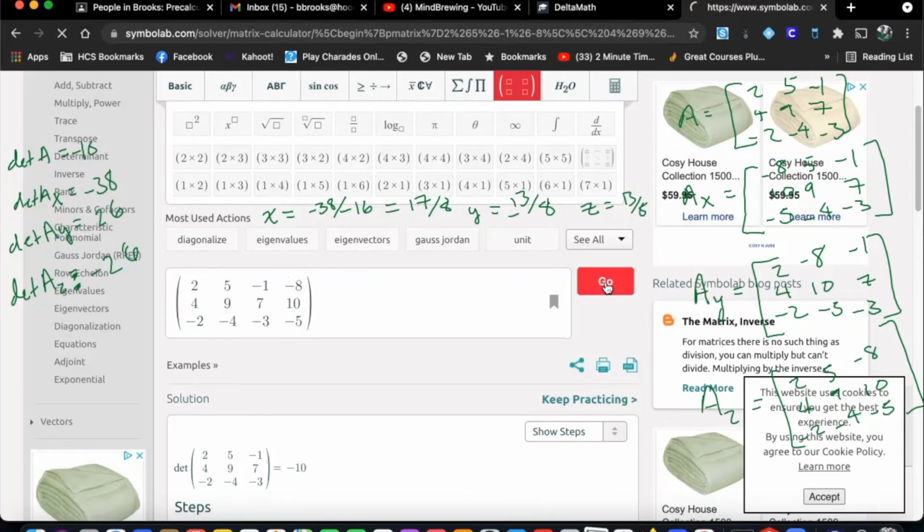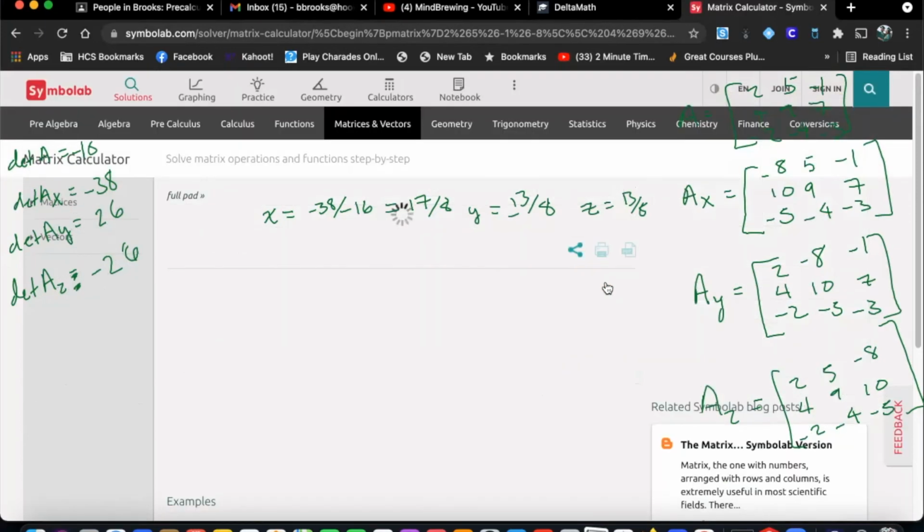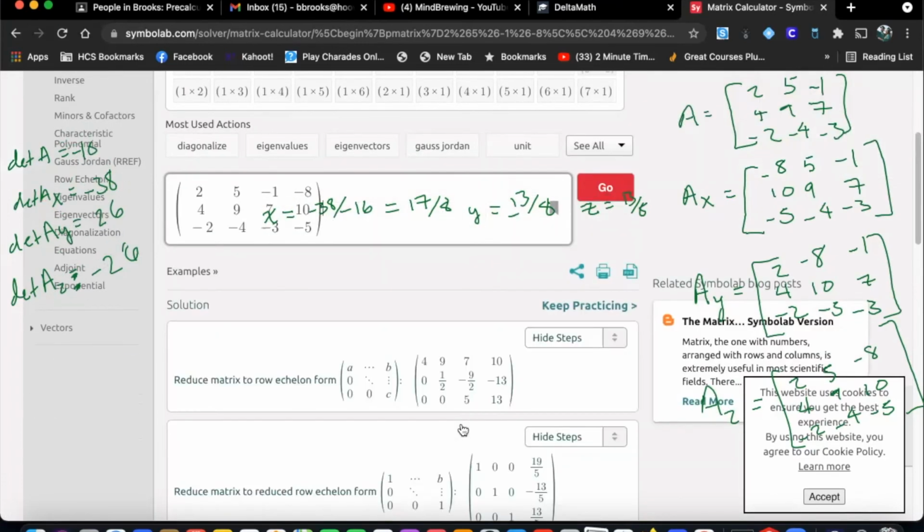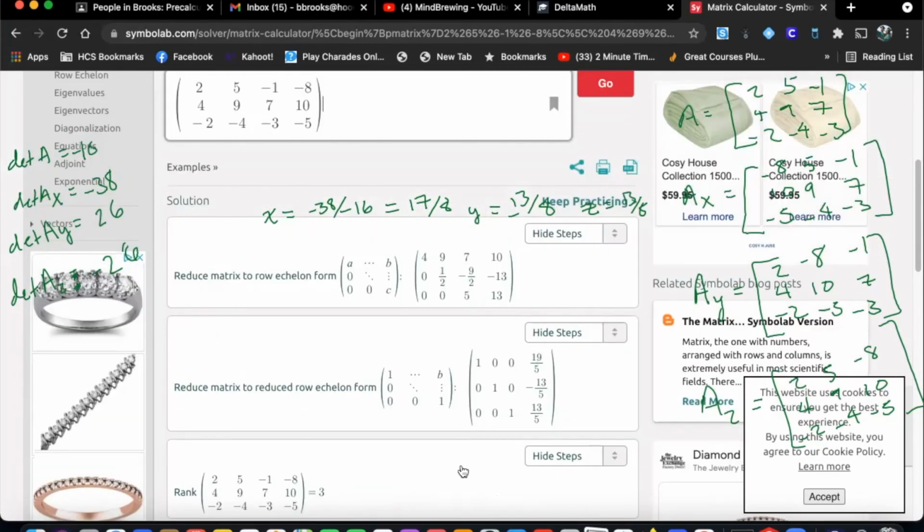We should be getting the same values. Let's see.